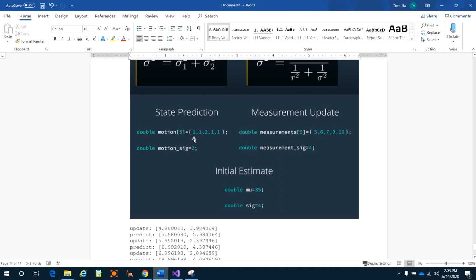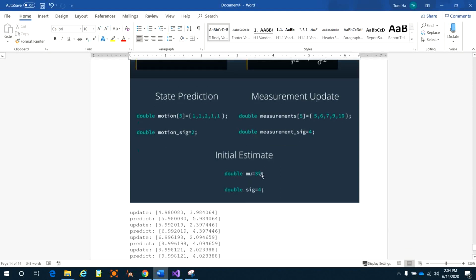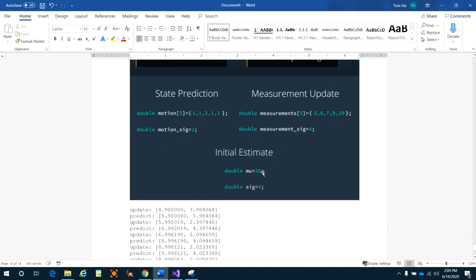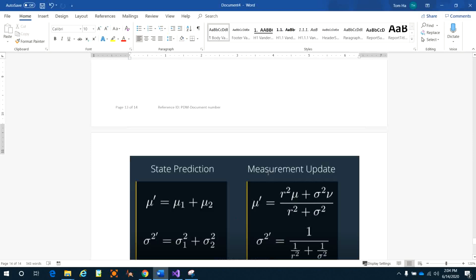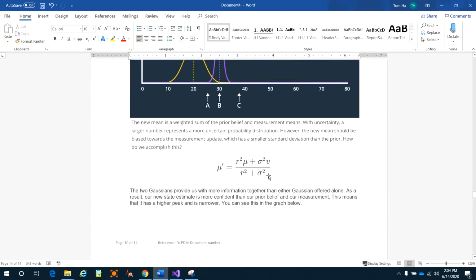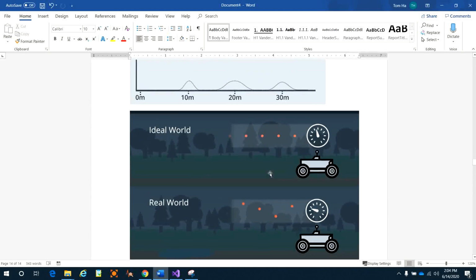And right here, the motion: you ask the robot to move 1, then 2, at times t equals 0, t equals 1, and t equals 3. So how do we get the estimated value in this case? Look at the example I showed you the first time in the picture.